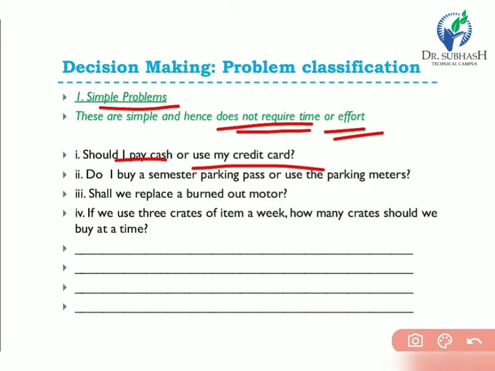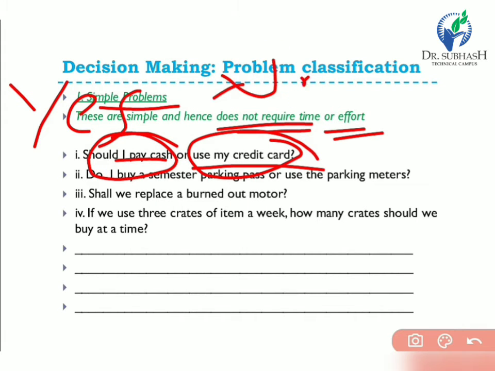If we purchase something like groceries or medical equipment or textiles, then there are 2 options: either we pay by cash or by debit card or credit card. So it's a simple problem in which the output is simply yes or no, either one or two.